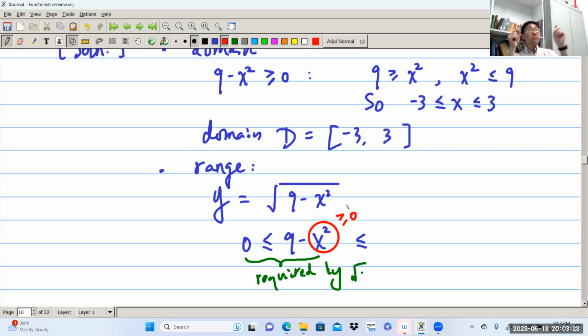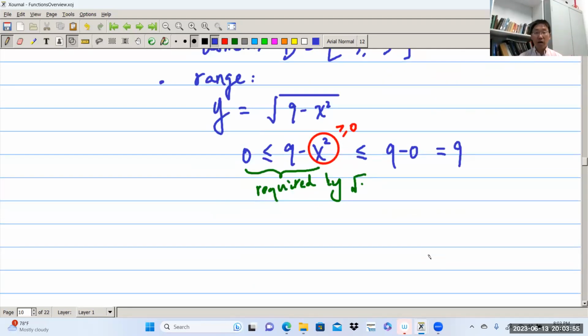So what's the maximum value you can get? You subtract 0 from 9, then you get the biggest value. As long as you subtract another positive value, it's getting smaller, right? 9 minus 1 is 8 now. 9 minus 2 is 7. So 9 minus 0 is the biggest value you can get for 9 minus x squared. So this is less than or equal to 9 minus 0, which is 9. So 9 minus x squared is between 0 and 9. Now, how about the square root of 9 minus x squared?